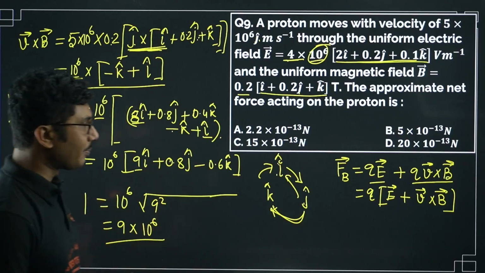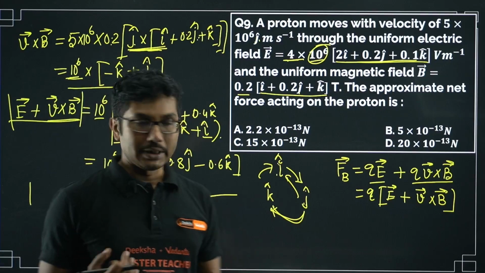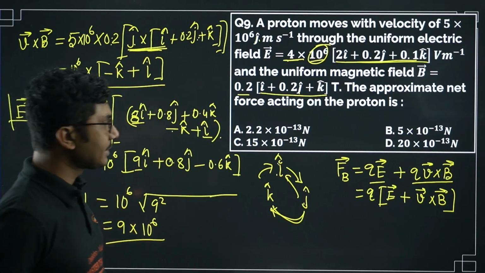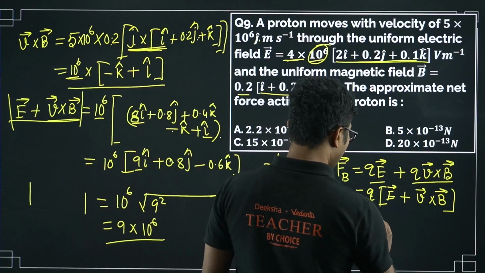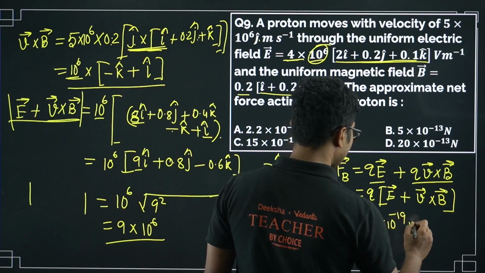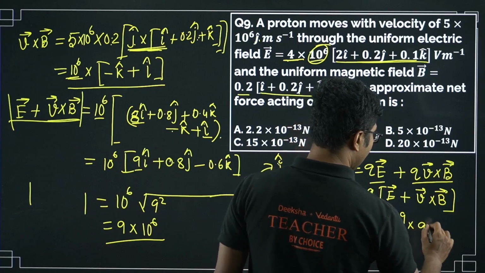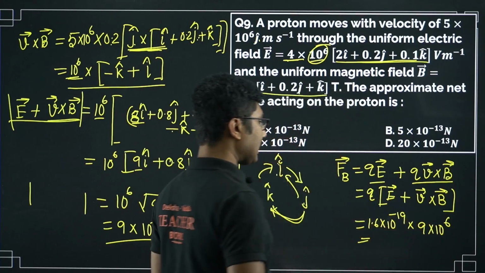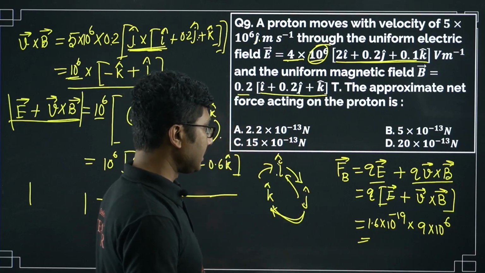This is the part that you have to be familiar with so that you don't make any mistake. So 9 into 10 to the power of 6. Now we will put it here, 1.6 into 10 to the power of minus 19 and 9 into 10 to the power of 6. So it will be 9 ones are 9, 6 nines are 54.